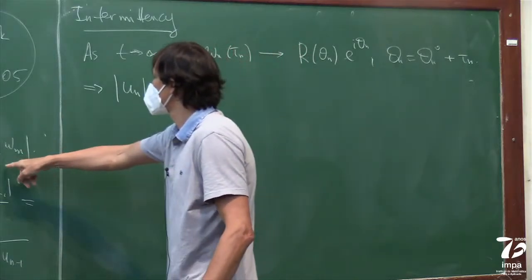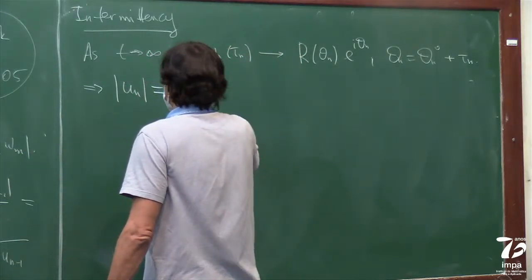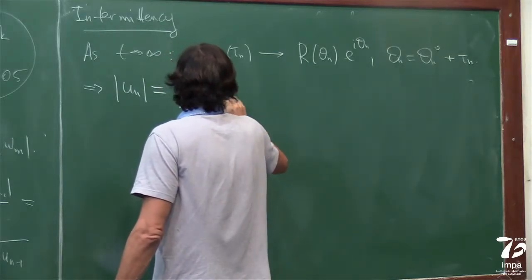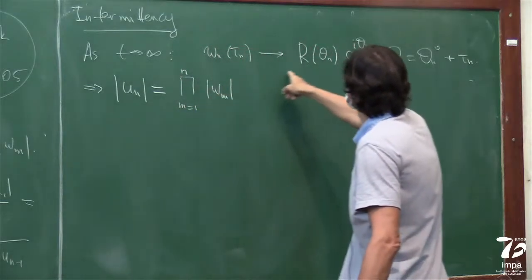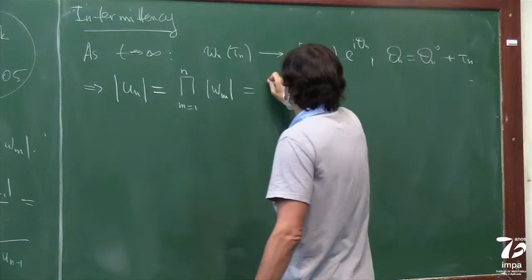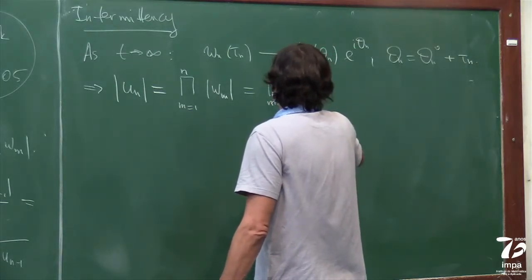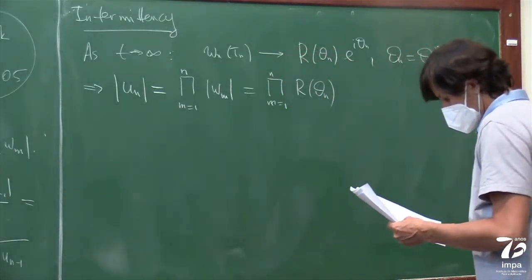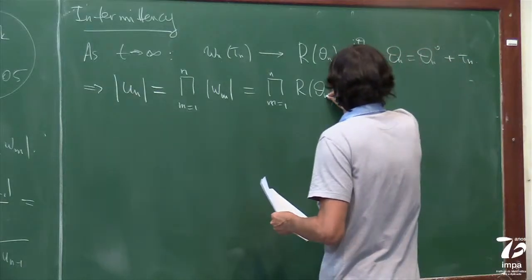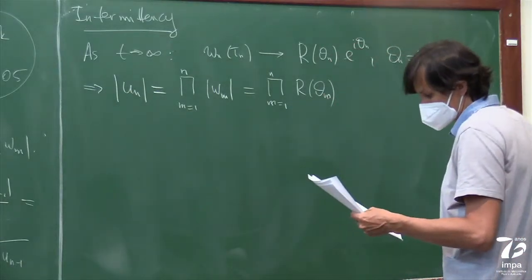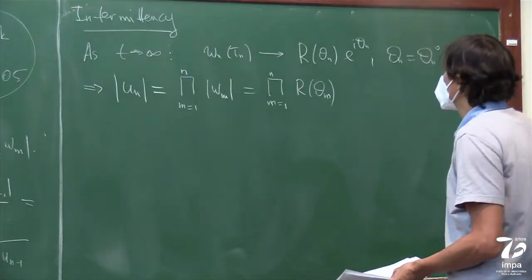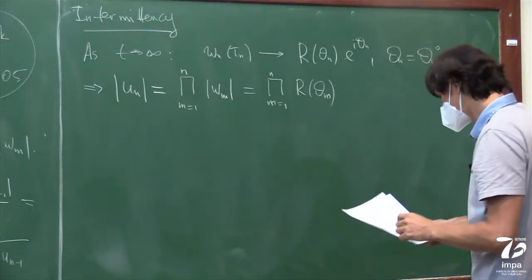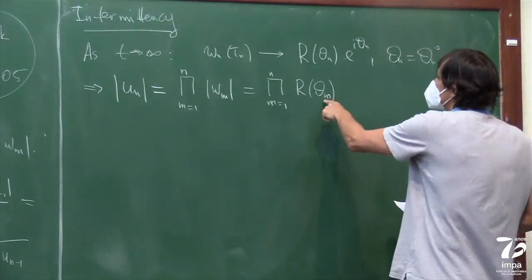So the modulus of un can be written through the product of all moduli of Wn, Wm. And each of the moduli is just R, the product of R(theta_m). So we found our absolute value of the velocity in terms of these phases, and now it remains to find the behavior of the phases.